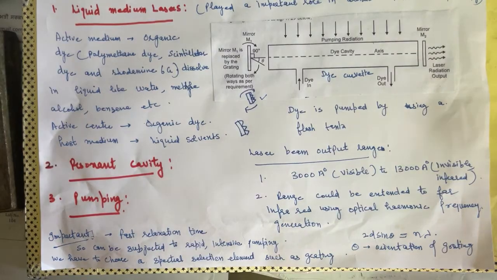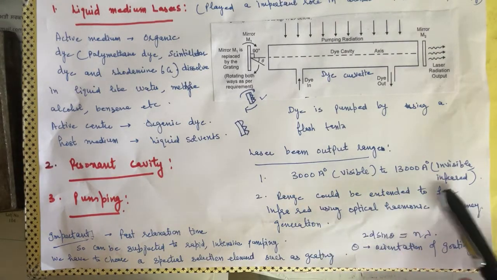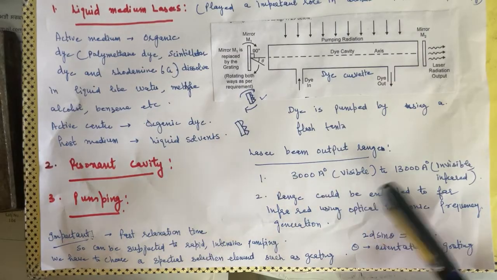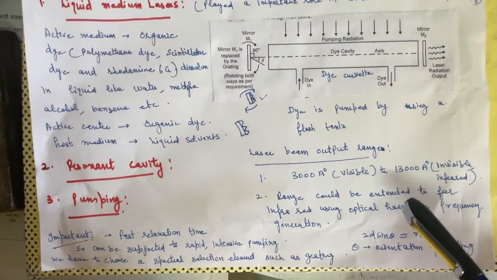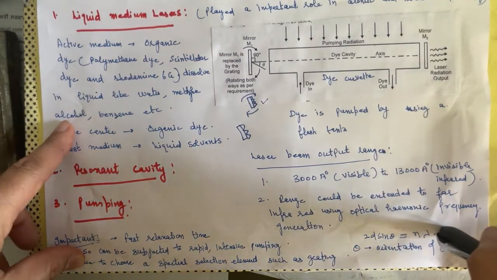Or we can say that we can tune the dye laser, or we can extend the range, meaning the wavelength. Okay? That I will explain at the end of this video. Okay?